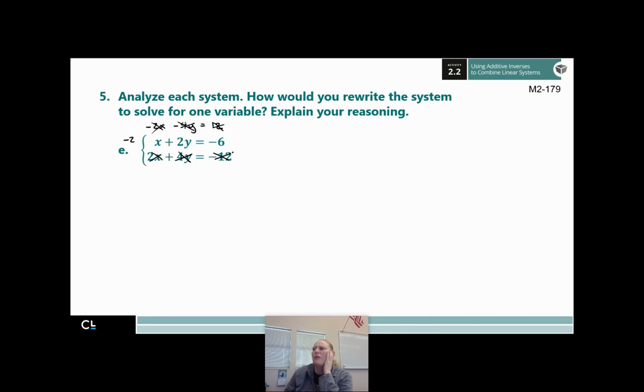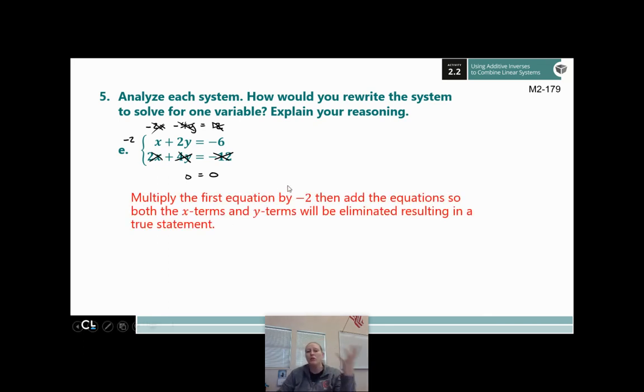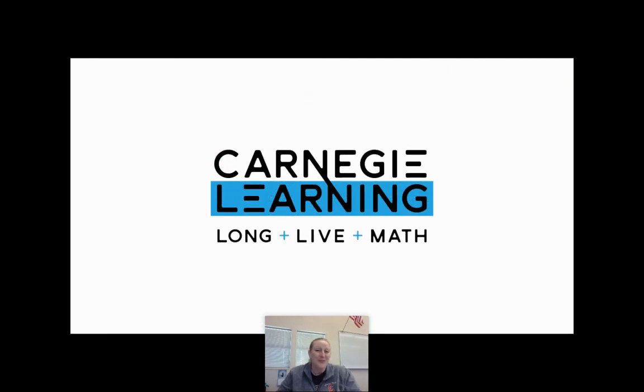Whoa, 12 and a -12 cancel out, and I end up with 0 equals 0. Oh my gosh. So yeah, I multiplied the first equation by -2, but I noticed that again, when I added my equations together, I eliminated both x and y. But this time I ended up with a true statement with 0 equals 0. Very interesting, isn't it?